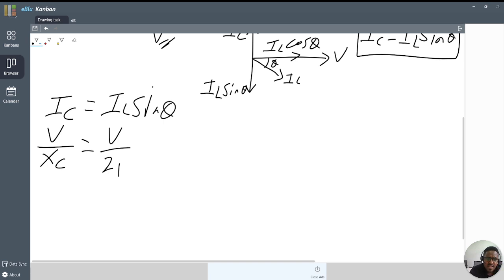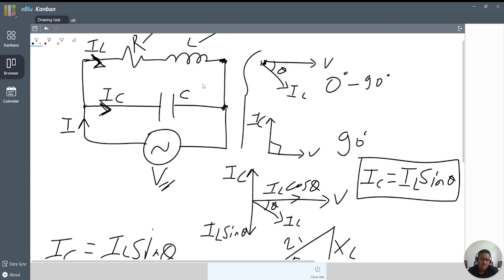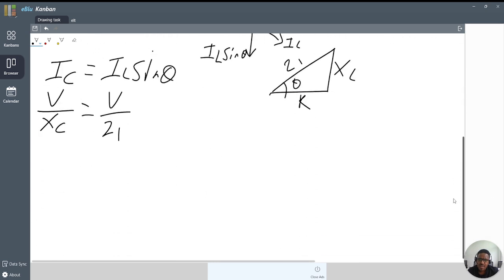The same, what does sine theta mean? According to the phasor, the right angle triangle of the impedance diagram has XL and R, the two components, reactive and resistive. So we get the total impedance Z1. How can you get sine theta? Sine theta becomes opposite over hypotenuse, the right angle triangle rule.